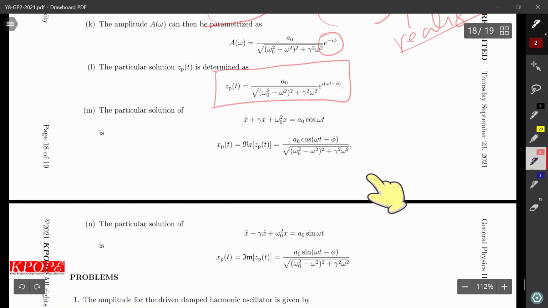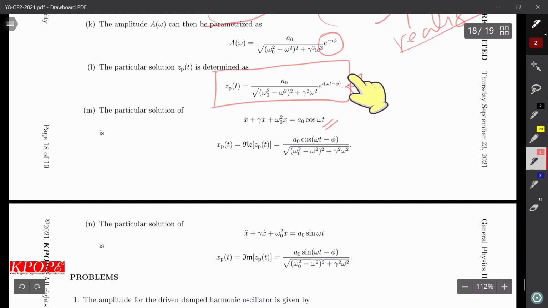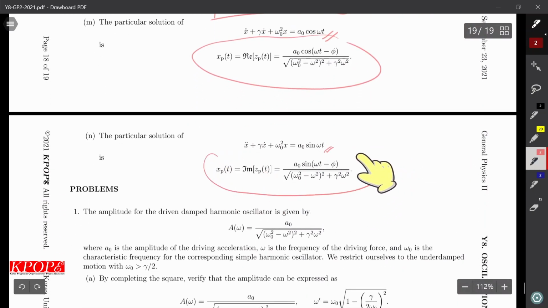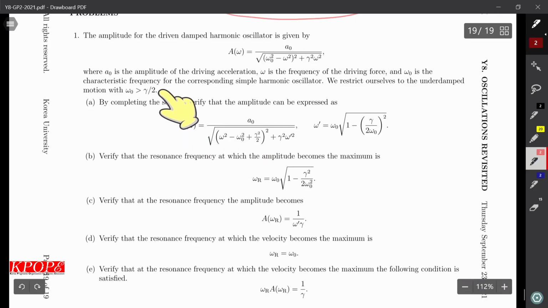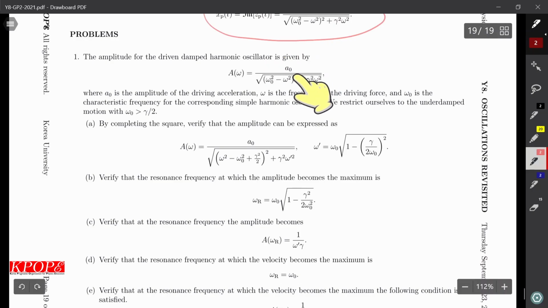Because our right-hand side was cosine omega t, we just take the real part of this complex solution to determine the particular solution. If it were sine omega t, then we could have taken the imaginary part. Okay. You can consider further the resonance behavior when the amplitude is maximized. That's it.